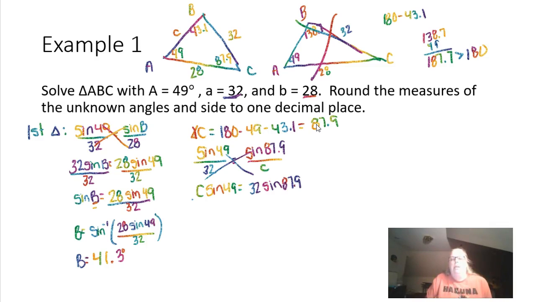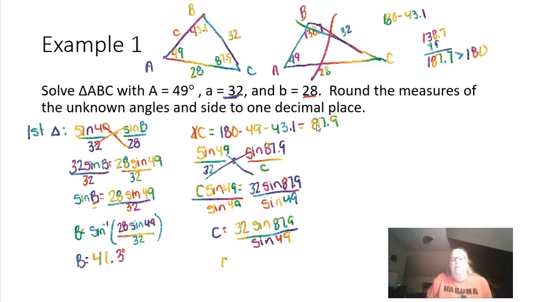We're solving for c, so let's divide the sine of 49 to the other side. That means side c is equal to 32 times the sine of 87.9 divided by the sine of 49.